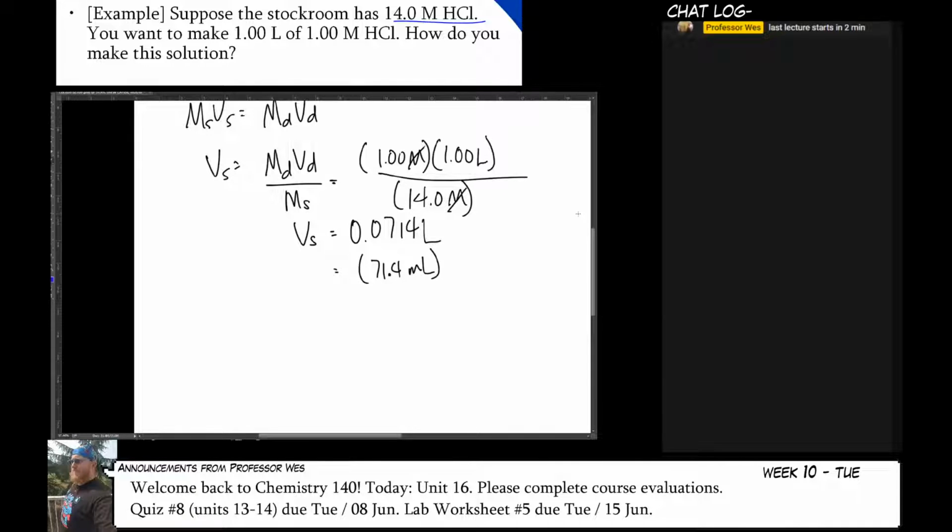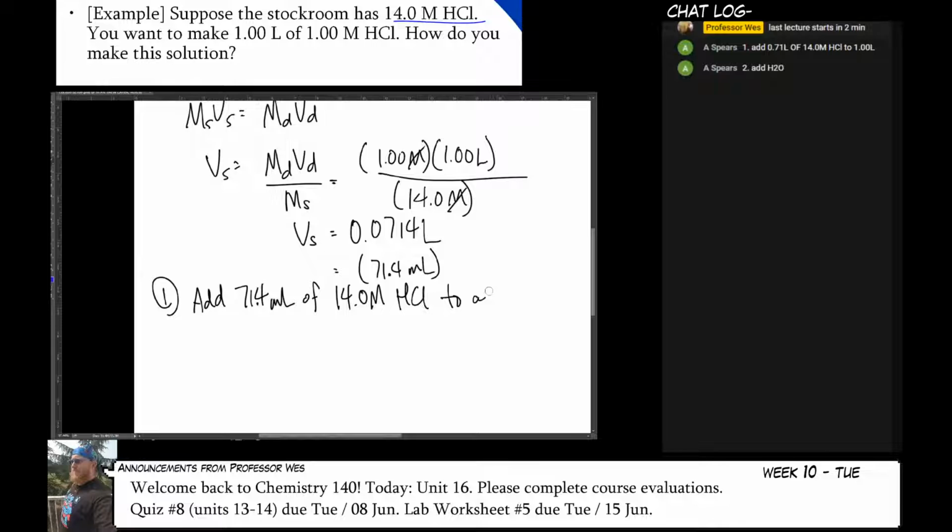So now I can write the procedure. So my procedure to dilute this would be to, 1, add 71.4 milliliters of 14 molar HCl to a 1 liter flask.